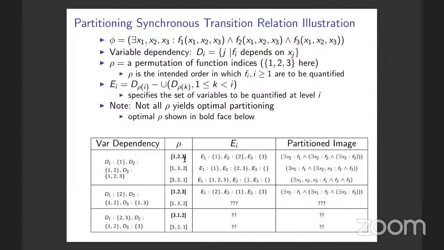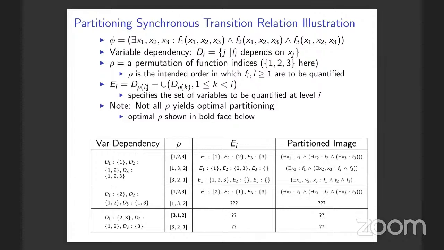For each permutation, I've given you the most optimal one, the one in boldface, because then you can do it in this fashion. First, eliminate X3 from F3. So this is how you compute the Eis, the order in which you eliminate the variables.